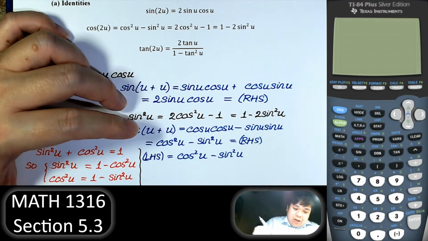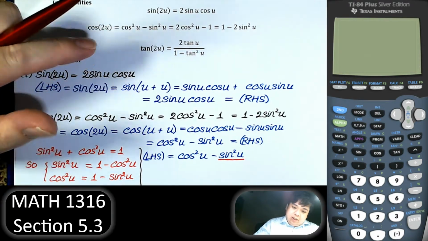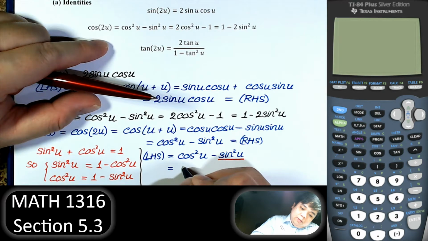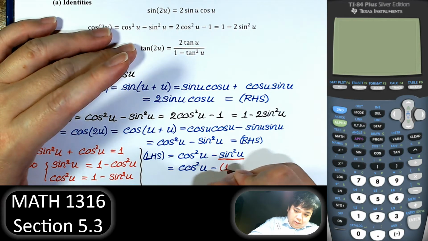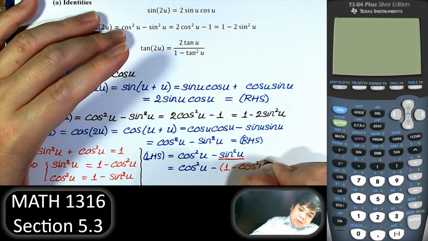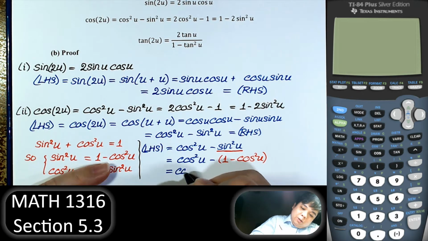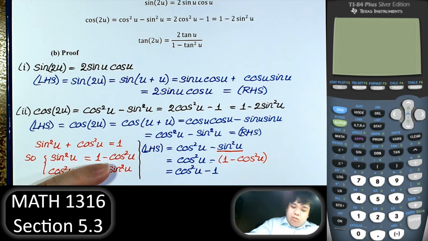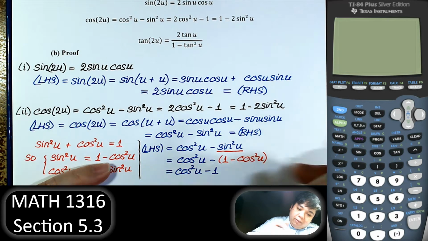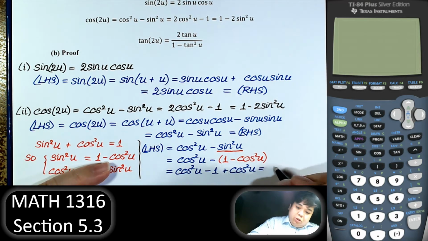Now if we substitute sine square using 1 minus cosine square, that gives us cosine square minus 1 plus cosine square, and that gives us 2 cosine square minus 1.